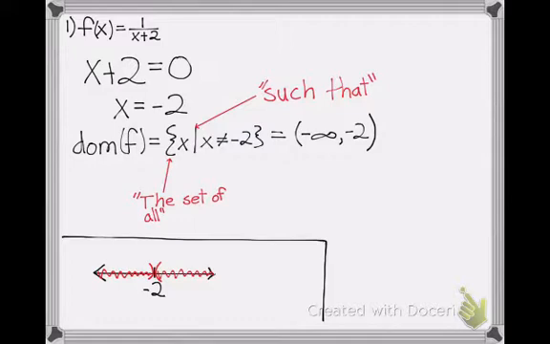And then we continue our march from left to right, starting at -2, going all the way to the right to infinity. Once again, always parentheses on infinity. In between these two intervals, we put a union, which means anything in the first set or the second set. So what we have here is the domain written in set builder notation and interval notation.